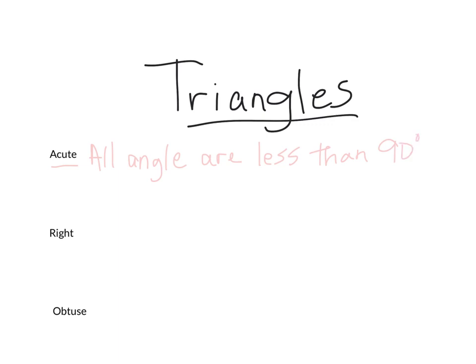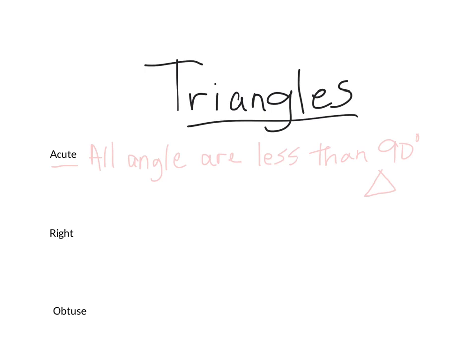Okay? So an example of that, and keep in mind I am not the best drawer here, but an example of that would be something like this, where I'm making sure that all my angles are acute and little and they are less than 90 degrees.